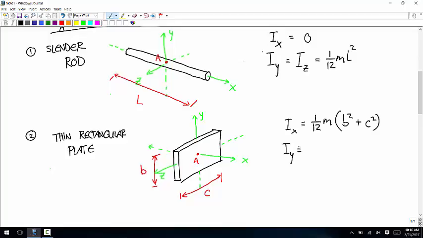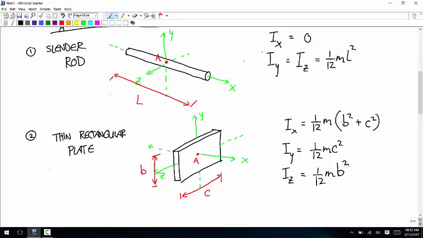About the y-axis, we have 1/12 times the mass times c squared. And about the z-axis, we have 1/12 times the mass times b squared.